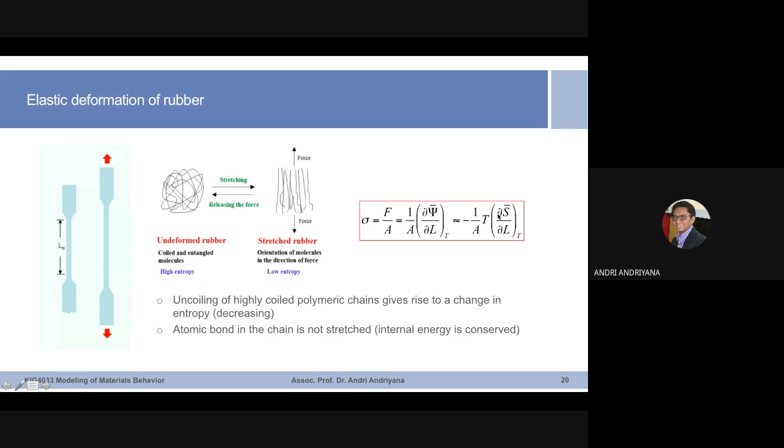So it becomes T times the change of entropy with respect to deformations. Which means that if we want to write the equation for the stress, we need to identify dS/dL, how the entropy will change with deformations.